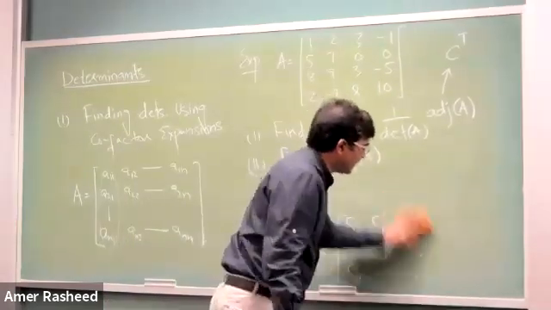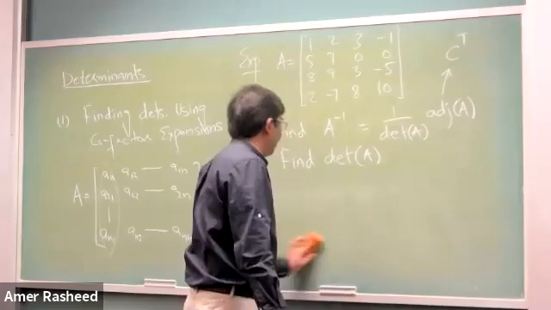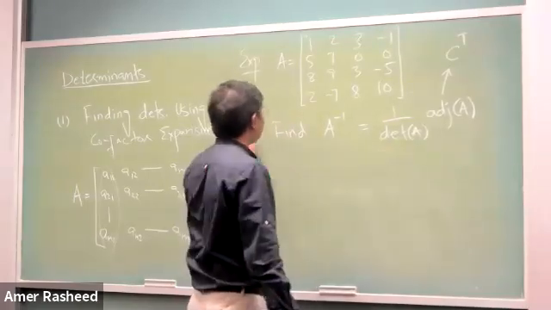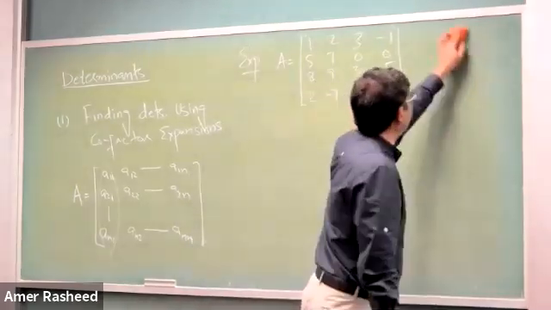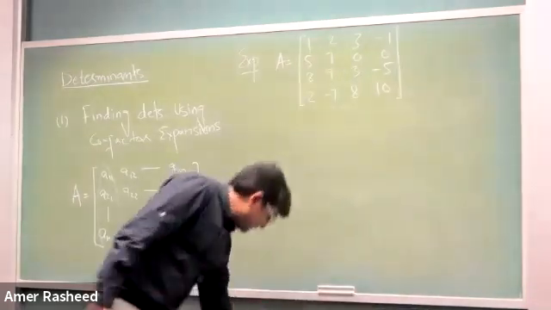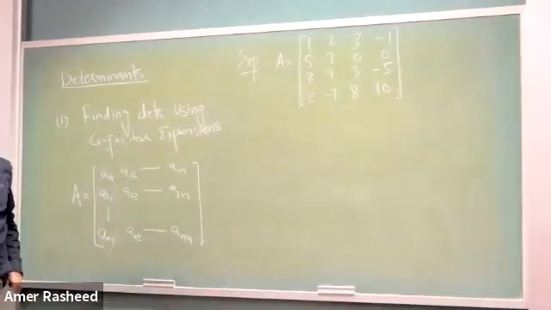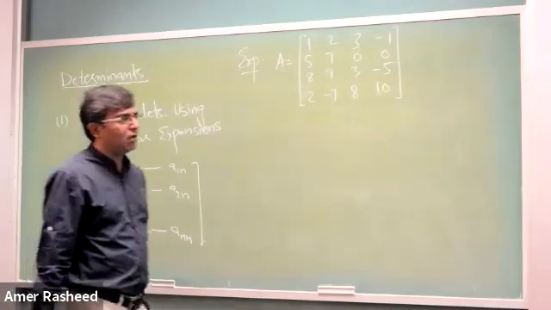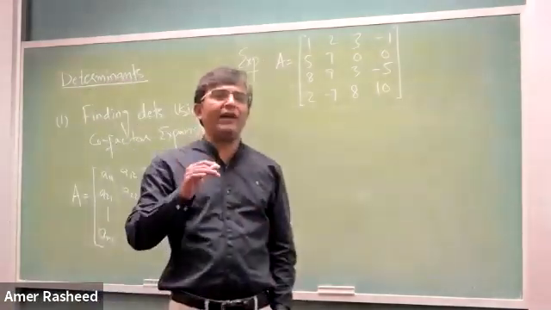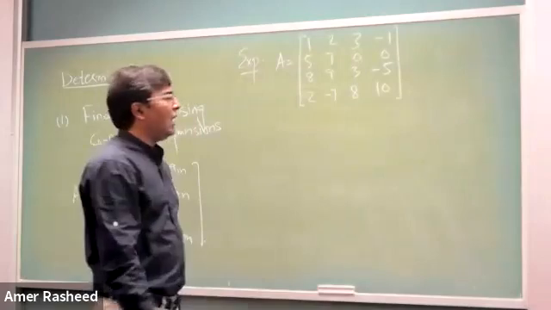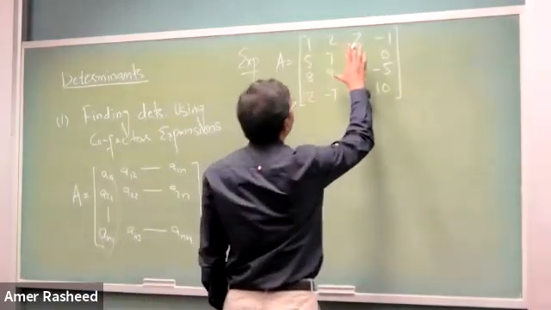Now, let's come back to the determinant, how to compute it. In order to compute the determinant, we have to select any row or any column about which we write a cofactor expansion.